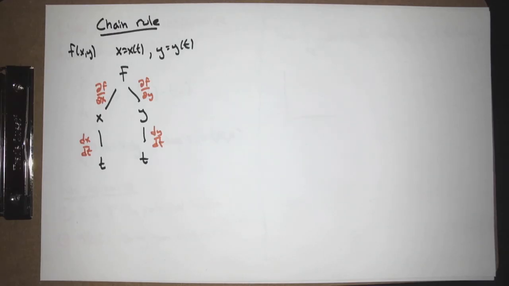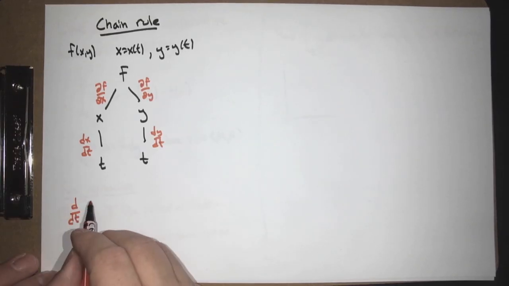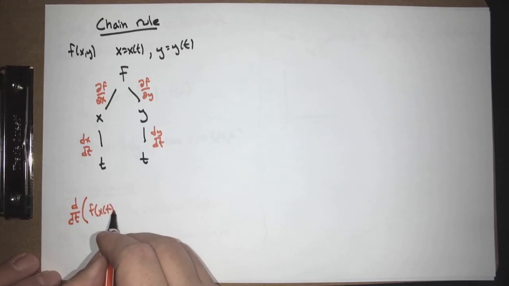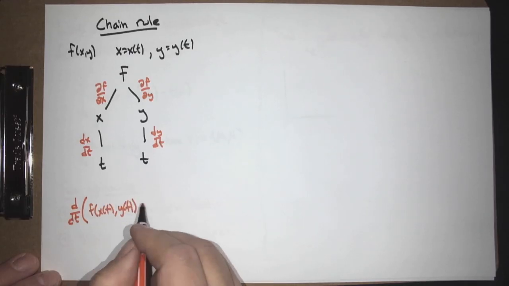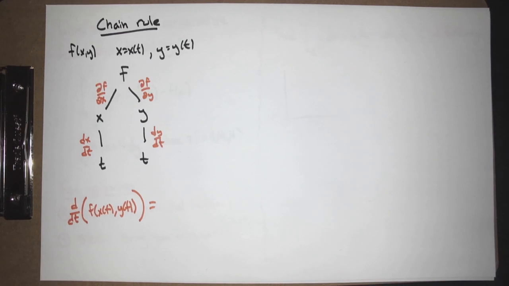And the question, what if I want to take the derivative, in particular, the derivative with respect to t of f of x of t, y of t, would be what? Do you remember?